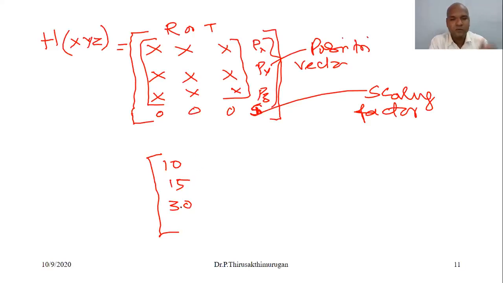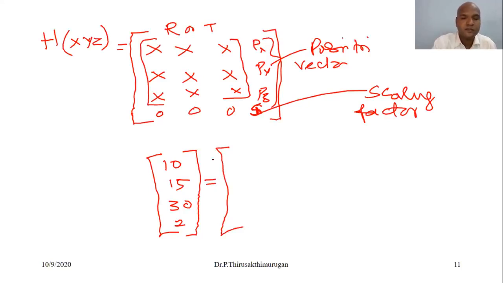This is Px, Py, Pz. If the scaling factor S is 2, then the values should be multiplied by the scaling factor. You can have it as 20, 30, 60.